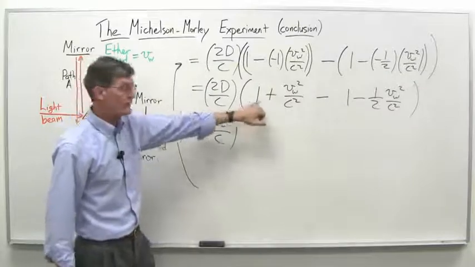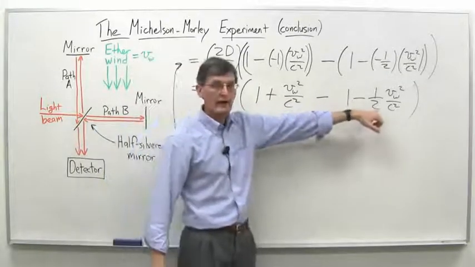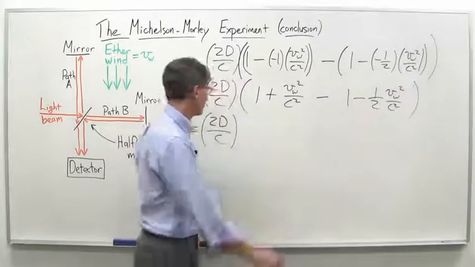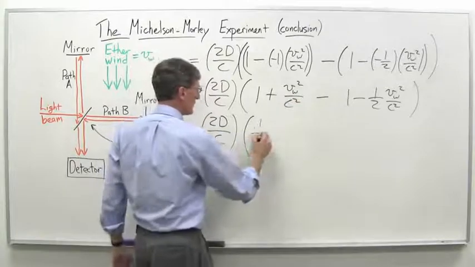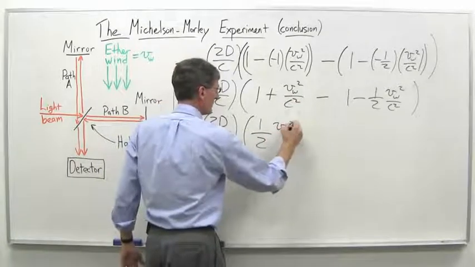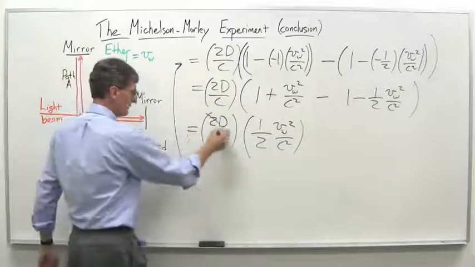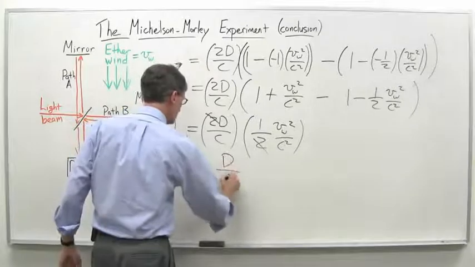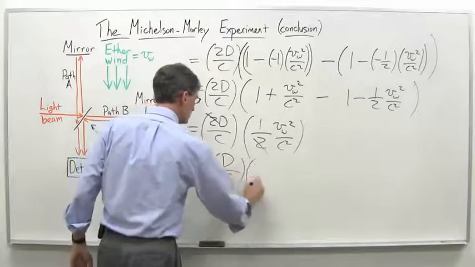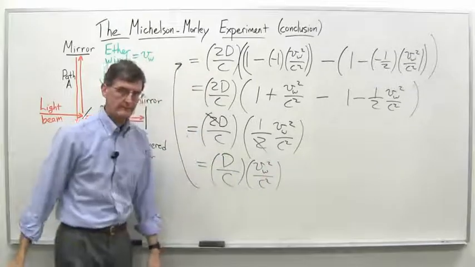And now I've got a 1 minus 1, 0, and I've got a VW squared over c squared minus 1/2 VW squared over c squared. So this just becomes 2d over c. The 1's disappear. I'm left with 1/2 VW squared over c squared. The 2's cancel here. And finally, I'm left with d over c times VW squared over c squared.